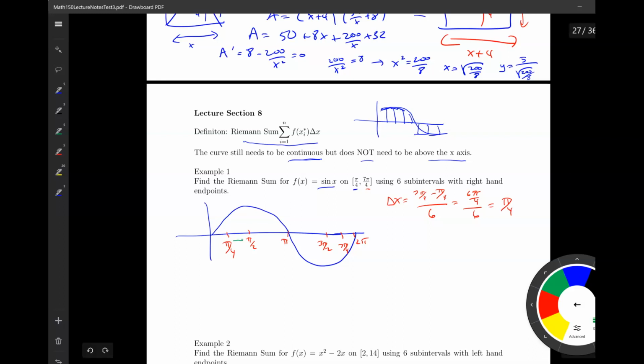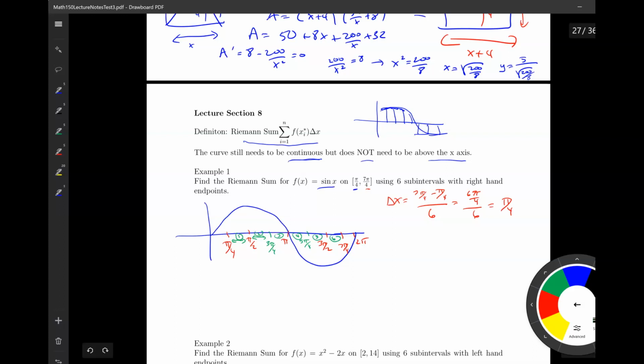Between here and here is rectangle 1, and between here and here would be rectangle 2. This would be 3 pi over 4, and this is rectangle 3, and this would be 5 pi over 4, so there will be rectangle 4, rectangle 5, and rectangle 6.